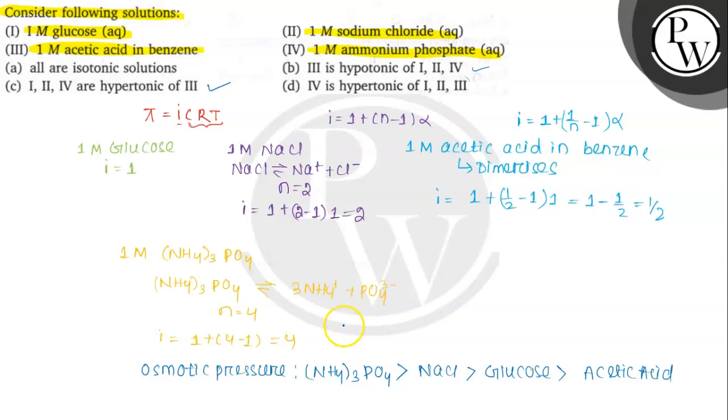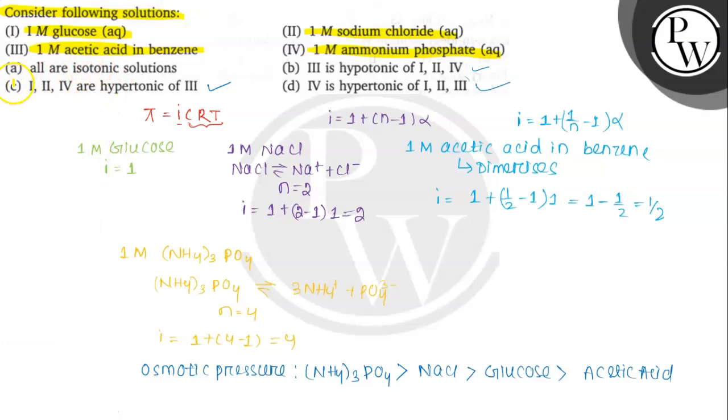So IV is hypertonic of I, II and III. So three statements are correct, and the option that is incorrect is 'all isotonic solutions'.